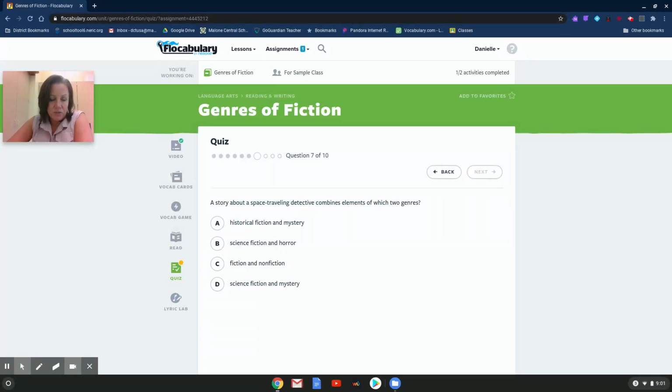A story about a space traveling detective combines elements of which two genres? Science fiction and mystery. Which of these events would most likely occur in a mystery? Hunting for clues. The back of a book says it features zombies and suspense. It is most likely zombies and suspense.